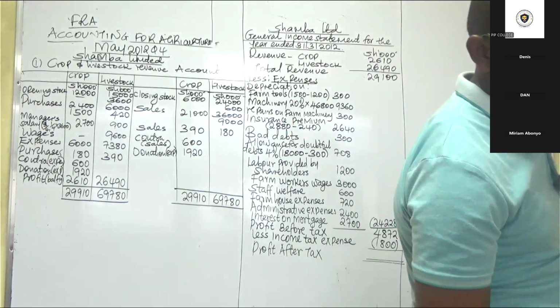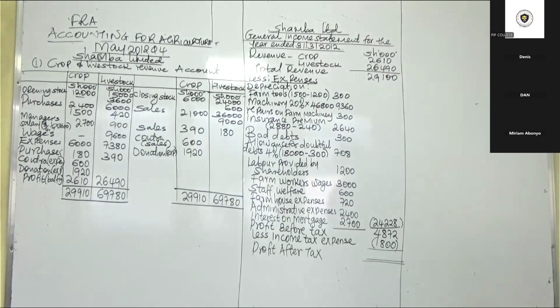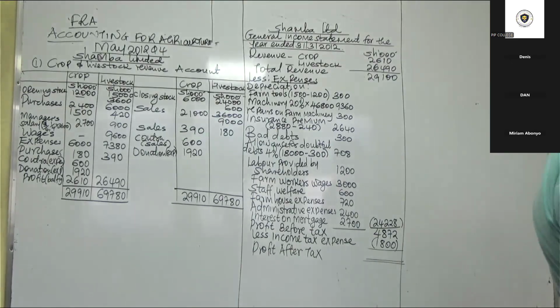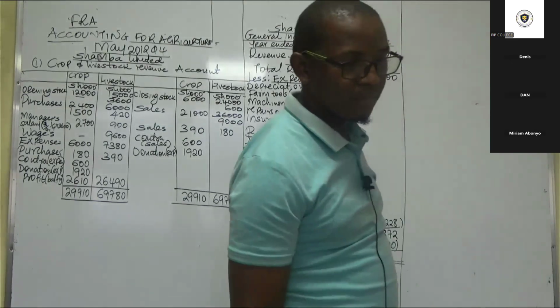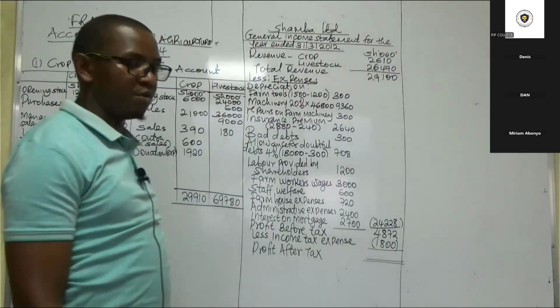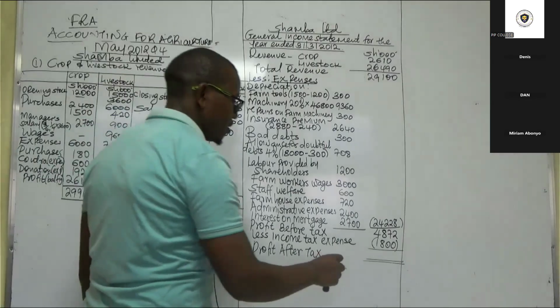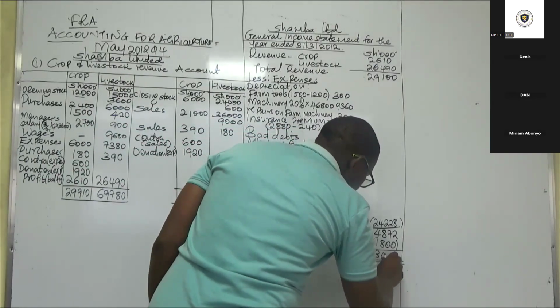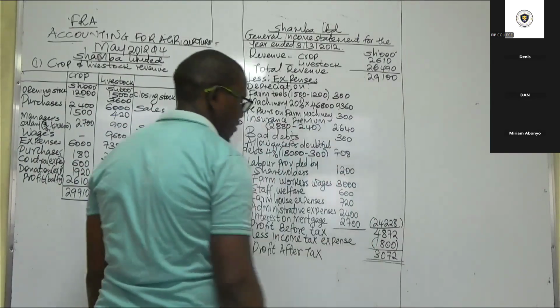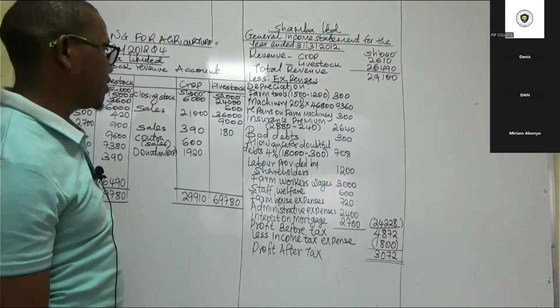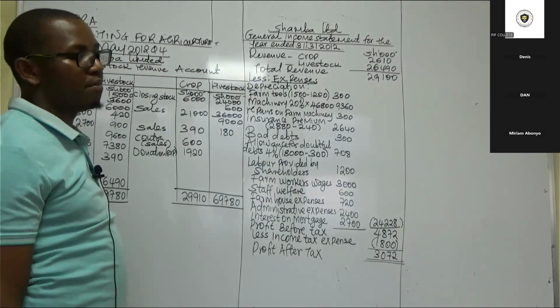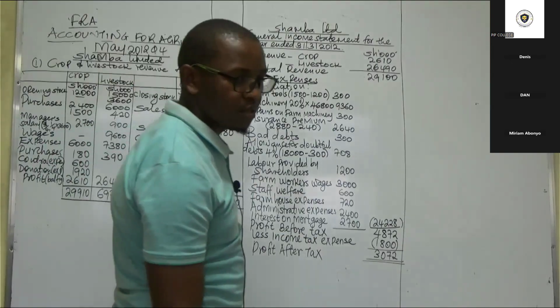Confirm again. The allowance for doubtful debt should be 708. Now this is giving you how much? 3072. And that is the income statement.